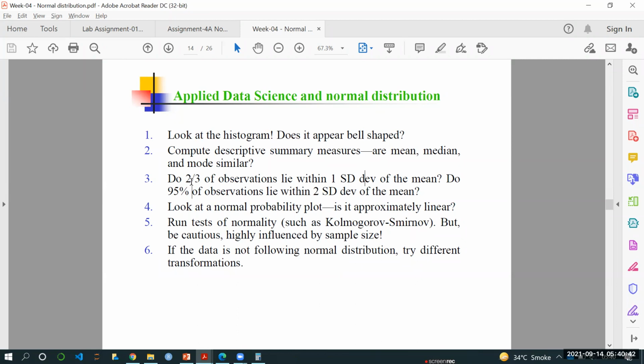Mean plus standard deviation, you will find another number. Then you can use an array, or you can check manually, how many observations lie between mean minus one standard deviation and mean plus one standard deviation.